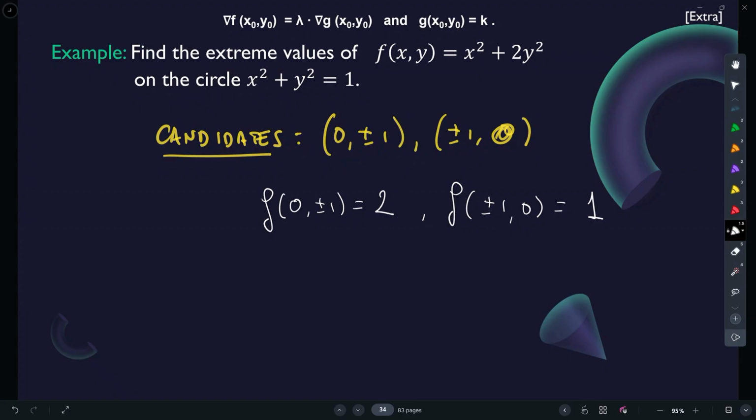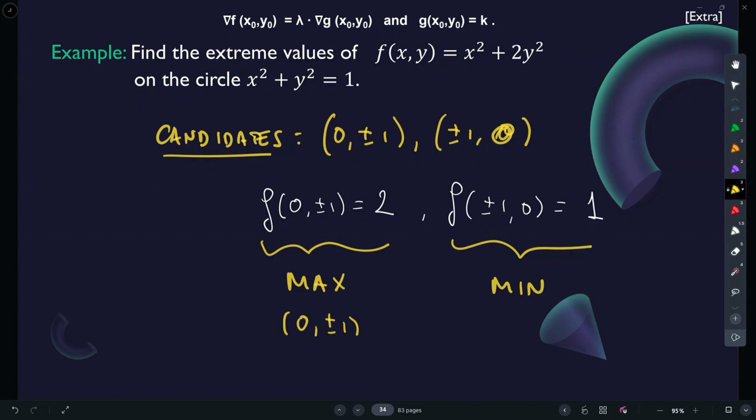So 2 is the max, 1 is the min. So this is the maximum value, and it tells you where it happens. And this is the minimum value, and it tells you where it happens. So the maximum happens at (0, plus or minus 1), and the minimum happens at (plus or minus 1, 0).